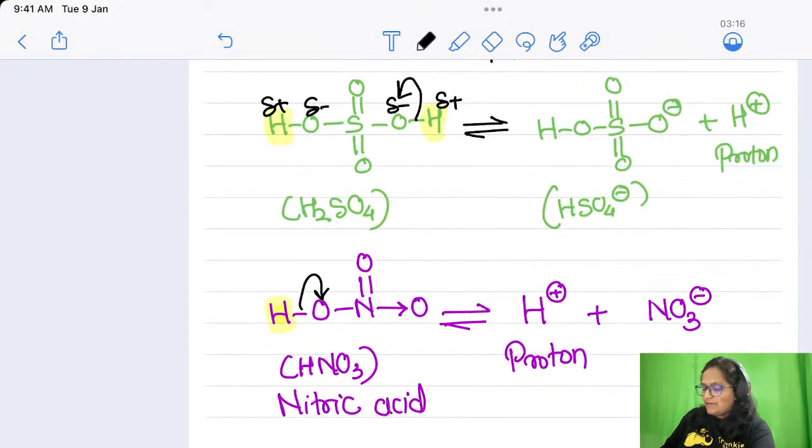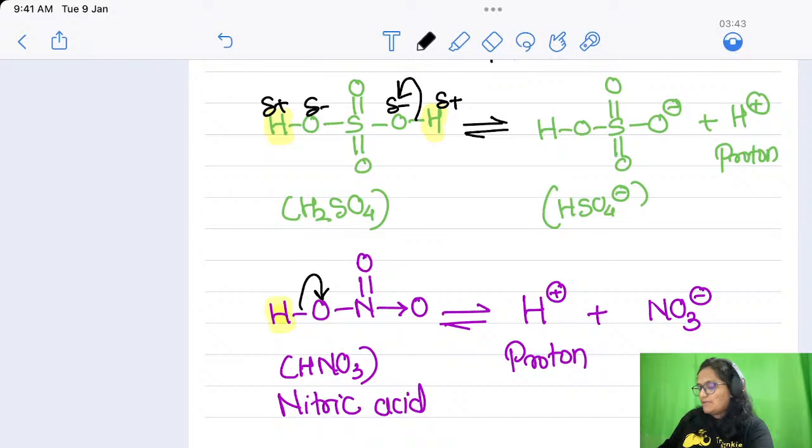Therefore what we can write down, what is common in them: acids donate a proton, right? Acids can donate a proton, okay? Or in other words, proton donors are called acids, right?